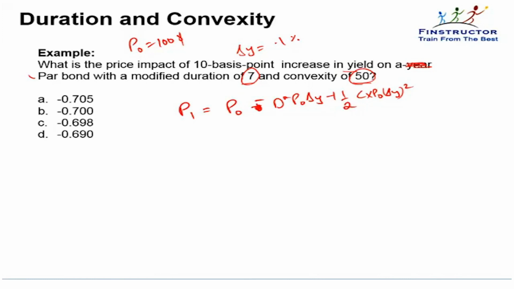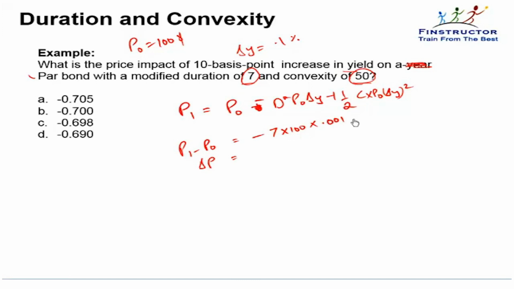We will take P0 to that side, so it will give us P1 minus P0, since anyways we want the change in price, and that will be equal to minus the duration, that is 7, into the original price, that is 100, into delta y, that is 10 bips or 0.1%. So please make sure you enter 0.001. Don't make that mistake. It is never entered in percentage. It is entered in decimals in all our calculations.